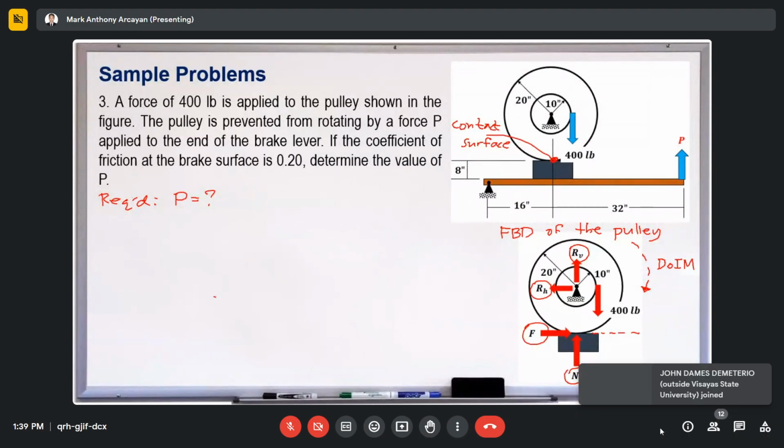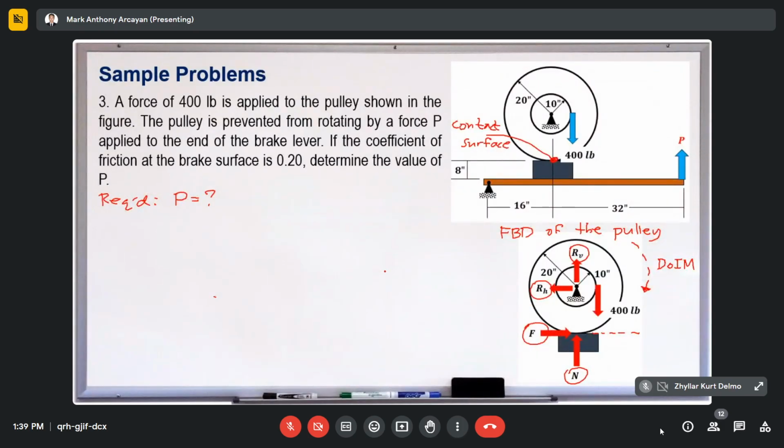Additionally, the vertical reaction is upward since it resists the downward force due to the 400 pounds applied force. Okay, so we have completed the external forces acting on our pulley.